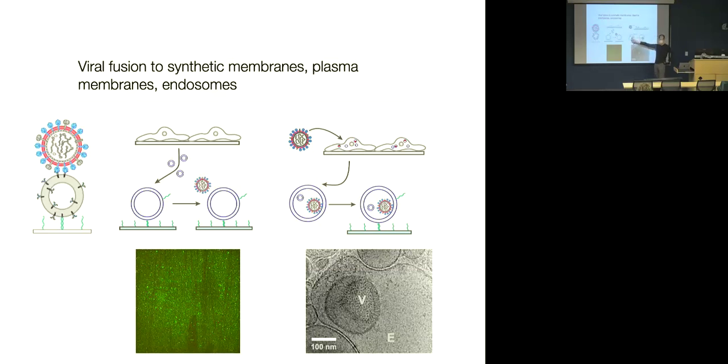We can make synthetic liposomes, shown on the far left, that have a defined composition. We can reconstitute receptors onto those. We can also take plasma membrane vesicles, so essentially induce cells to bleb off bits of their plasma membrane that have shown to be fairly good quantitative representations of the plasma membrane composition. And we can immobilize these and use those as targets.